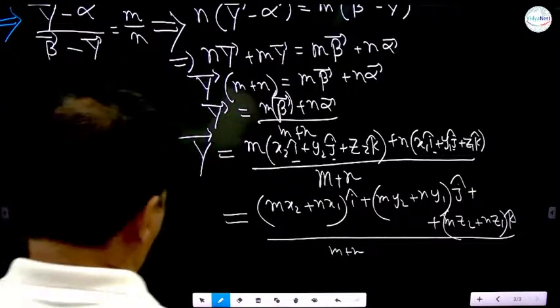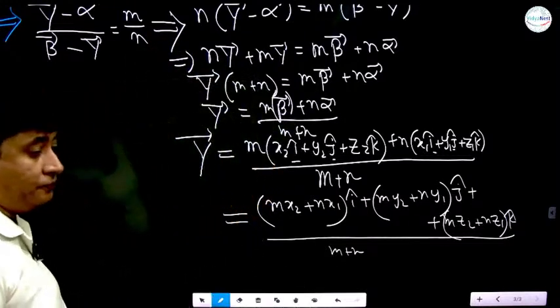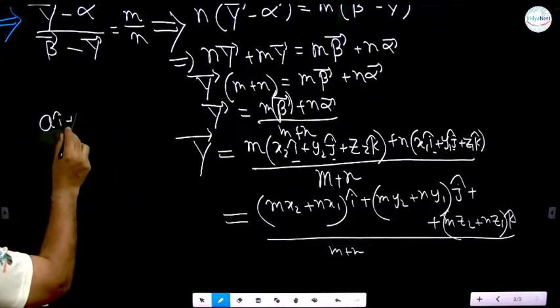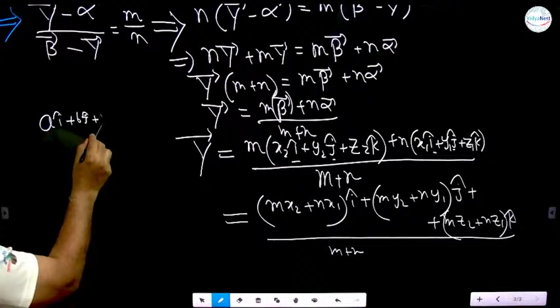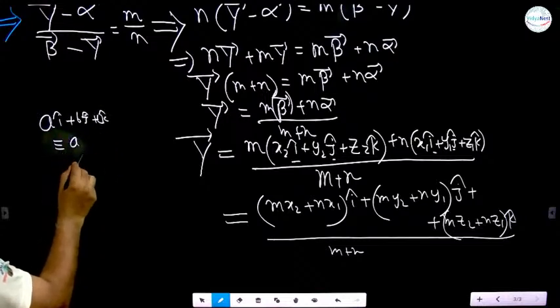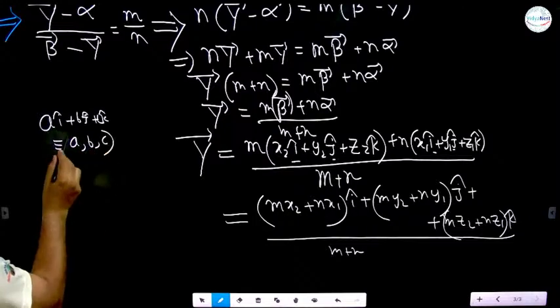Okay, sir. Now any point in vector can be expressed by coordinates.